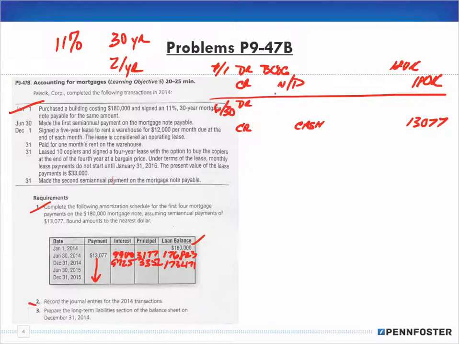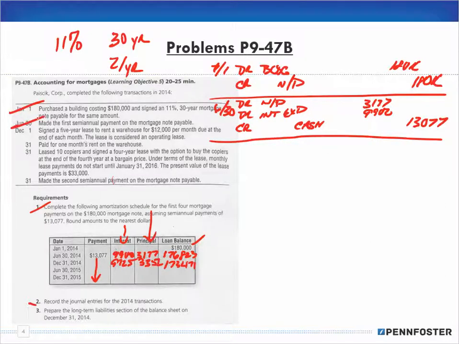So we're going to debit the note payable because that's the principal amount, and we know that amount is this $3,177, and we're going to debit interest expense for the $9,900, and our debits equal our credits on that payment. Okay, so that's June 30th.